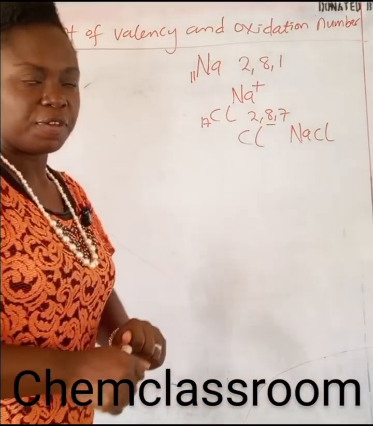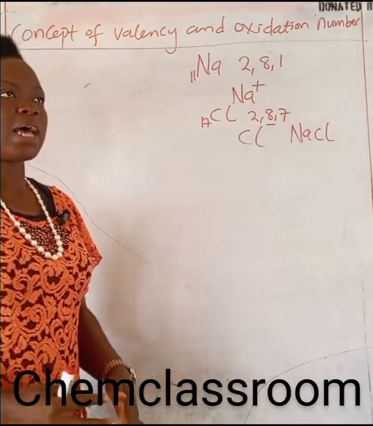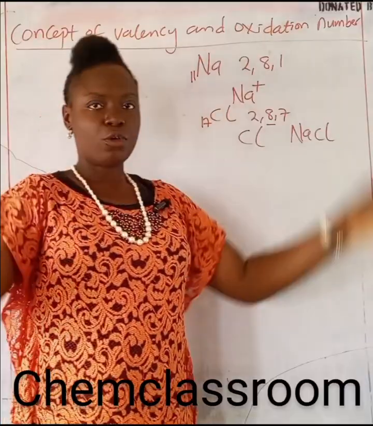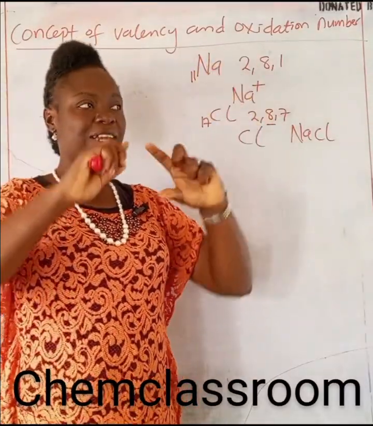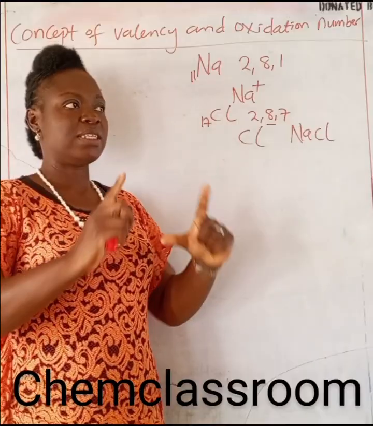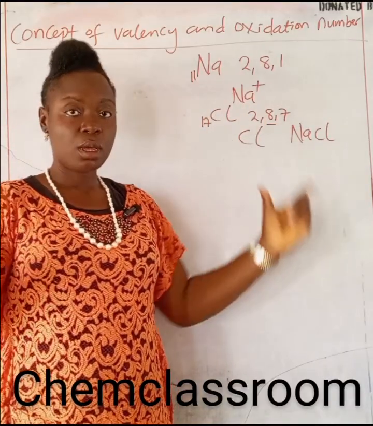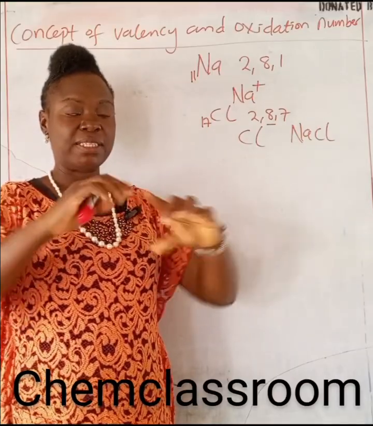Now let us move and talk about what we call radicals. Radicals are a group of charged atoms. They are a group of atoms, and they have a charge on top. And that charge, like I tell students, you are relating that charge to every component of that group. You are not just using that charge for only one element.